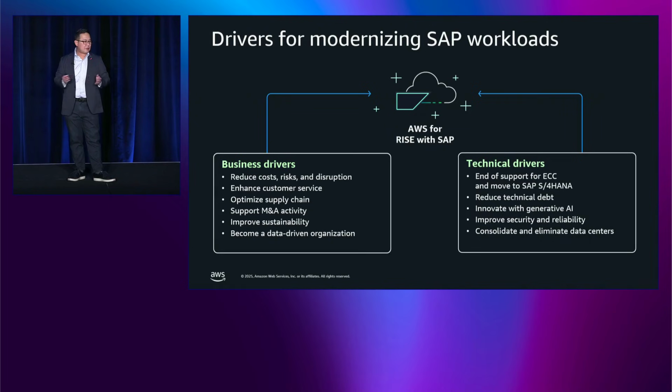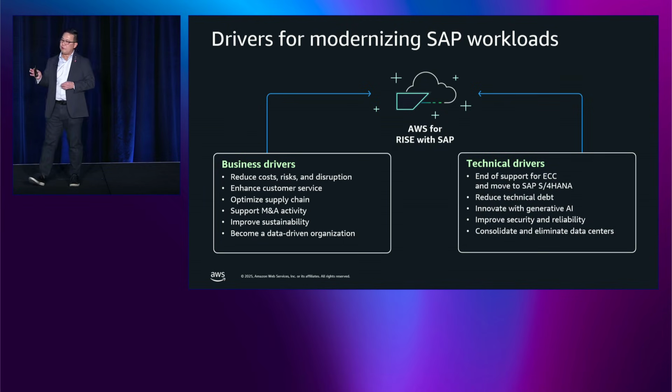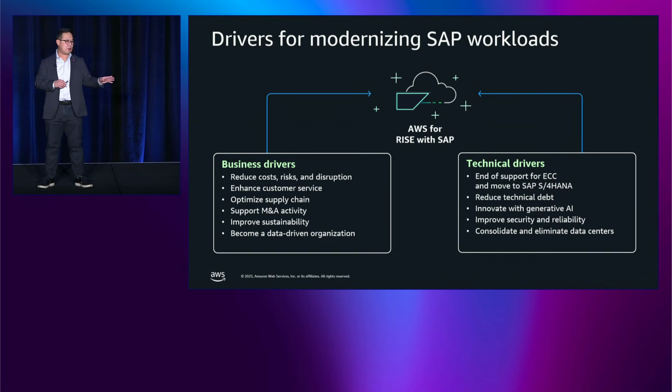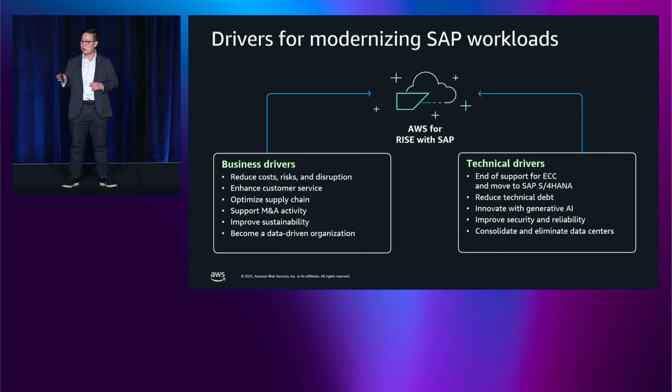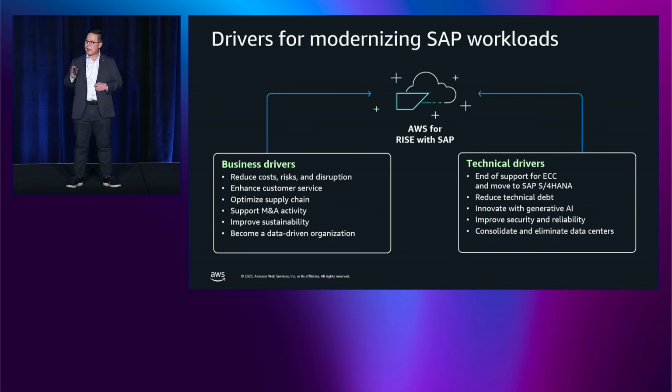Or maybe you're simply looking for ways to innovate with services like Gen AI. So regardless of what those drivers might be, modernizing a mission-critical workload like SAP in the cloud will allow you to address these business challenges and also make these transformative improvements within your business.